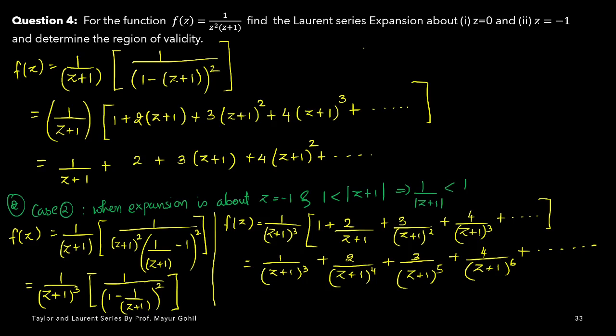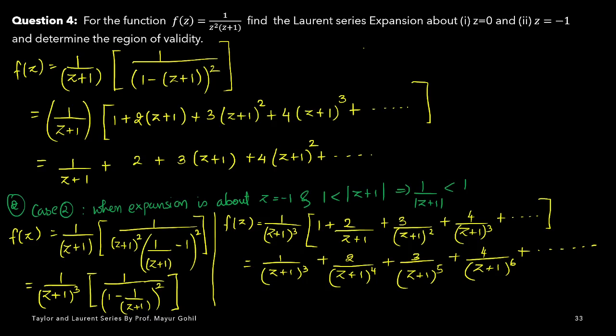So here these are the four cases that we see. With z equal to 0, when we were determining the regions, we got two regions, that is mod z is less than 1 and 1 is less than mod z. That was the region. Here also with z equal to minus 1 we got 1 is more than mod of z plus 1, and next time we got mod of z plus 1 is more than 1.